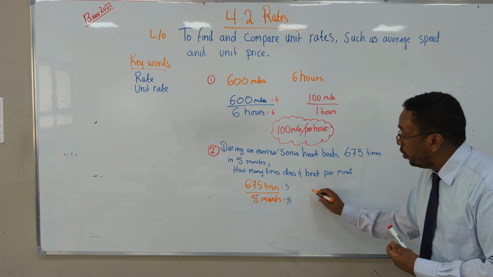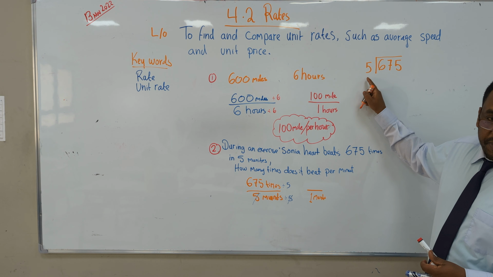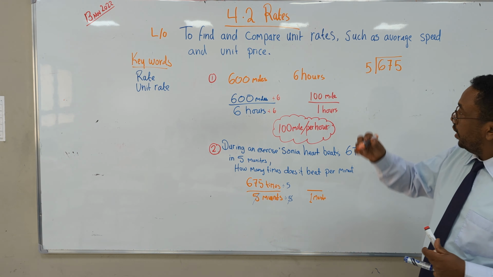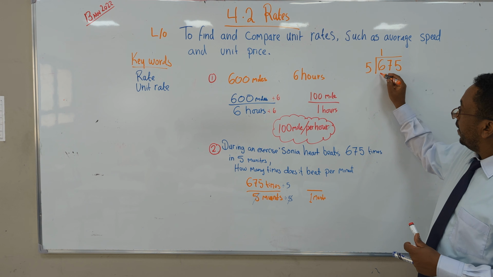So we need to write down 675 divided by 5. Are you with me, boys? Yes. So let's do this. We'll start with the 6. How many 5s are in 6? 1. So we'll put the 1 here. 1 times 5? 5.